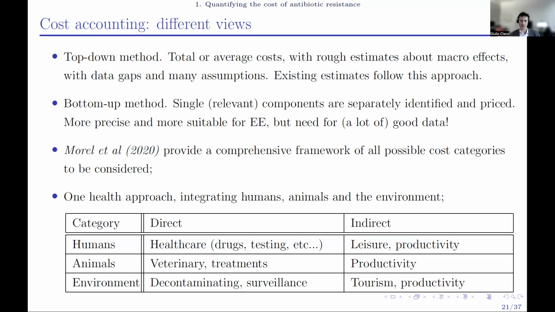So it's also a loss for the society, in the sense that they lose productivity. Regarding the environment, we have the contamination and the cleaning of possibly infected places.